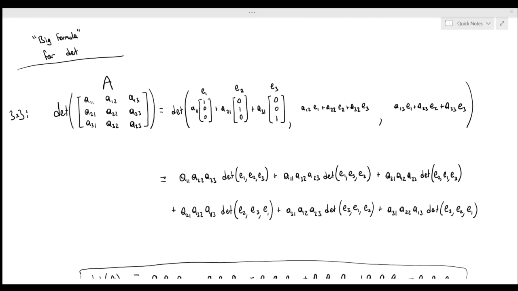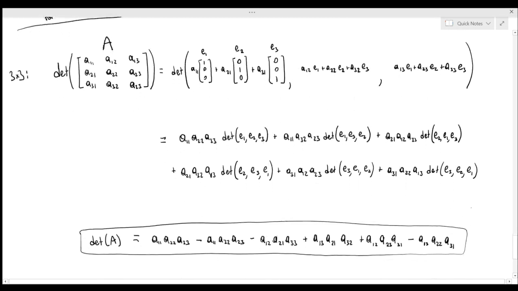That is correct. I'll point out during this computation where that happens. I did the same with the second column: A12 times E1 plus A22 times E2 plus A32 times E3, and same for the third column.